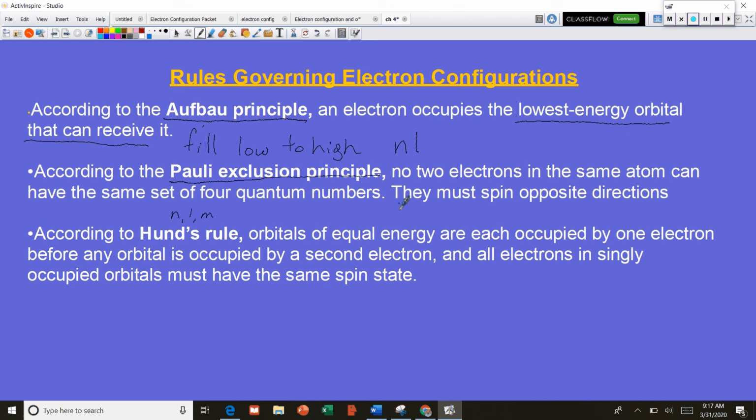The big thing that I want you to know about Pauli exclusion principle is electrons in the same orbital must spin in opposite directions. So when we start doing orbital diagrams and we have an individual orbital, we're going to have one electron that's spinning in one direction, and we're going to designate the other one with a down arrow.